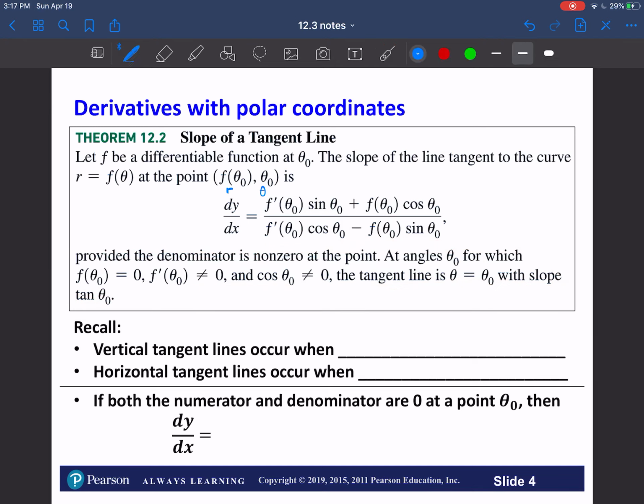Alright, so one thing that's common to ask of people is to find the vertical tangent lines and the horizontal tangent lines. So recall that a vertical tangent line occurs whenever the numerator of dy by dx is not equal to 0, but the denominator is equal to 0.